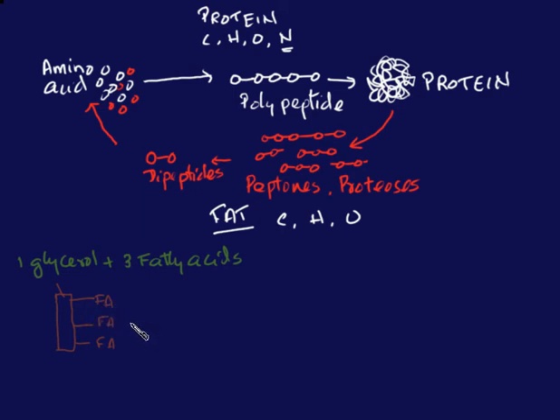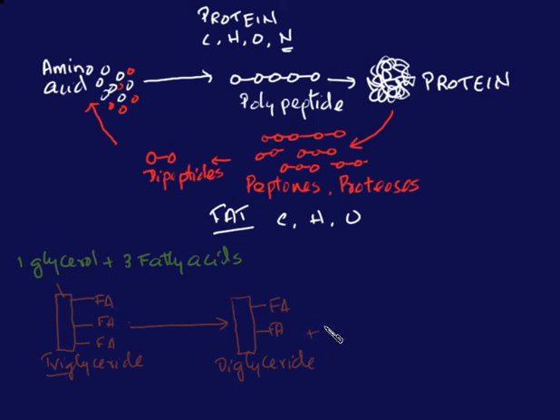During digestion, what exactly happens? They call this a triglyceride, meaning the glycerol with 3 fatty acids. When we digest it, the enzymes break it down into a diglyceride. Tri means 3. Di means 2. A diglyceride has 2 fatty acids.